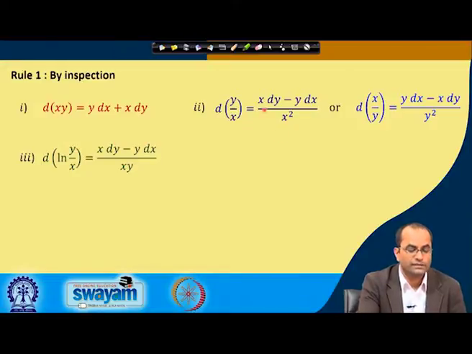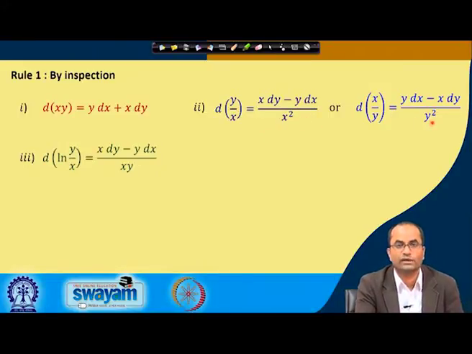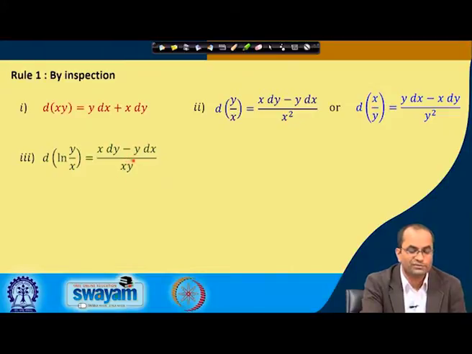There is another standard form of differential. Instead of x square or y square in the denominator, for example, x y is given. Again we have the same expression, x dy minus y dx over x y.